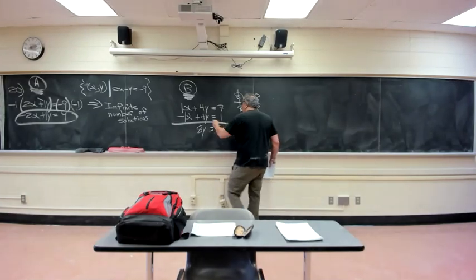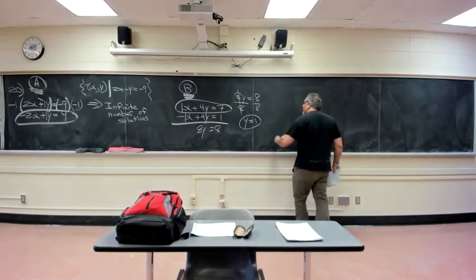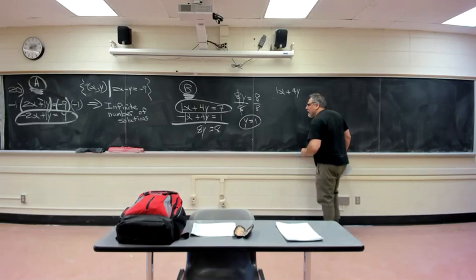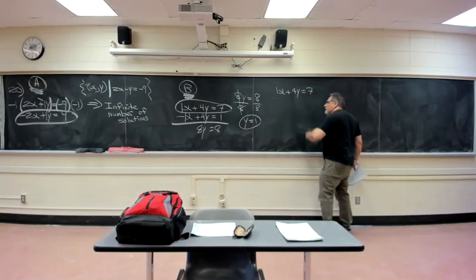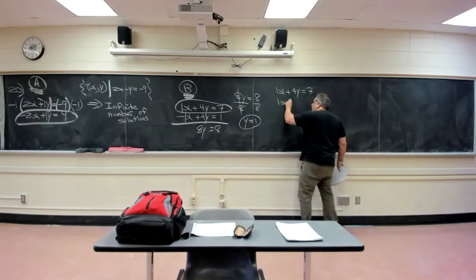If y equals 1, I can go back to either one of the original equations. Let's use that one. It doesn't have any negatives in there. We got 1x plus 4y equals 7, and y equals 1.